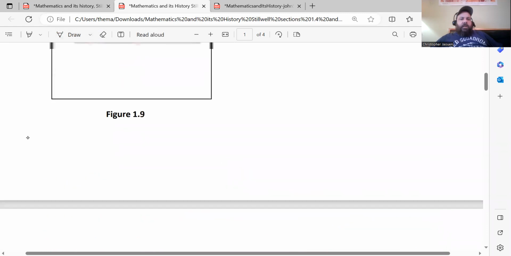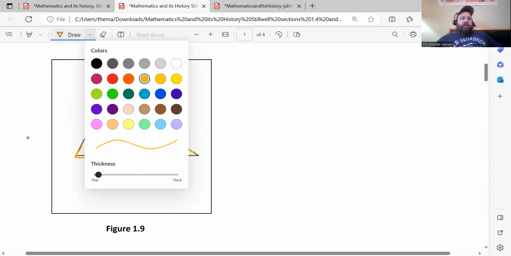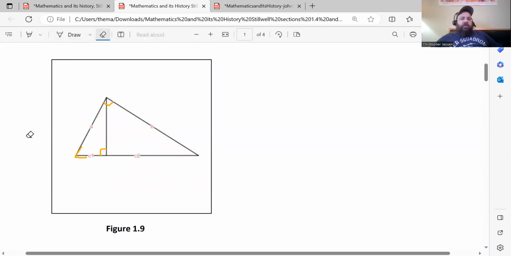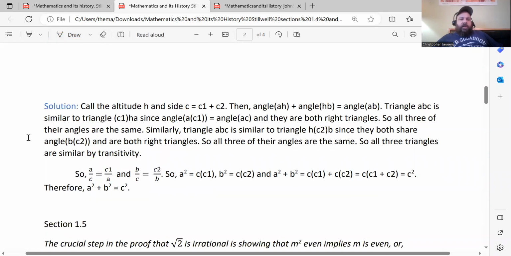So in other words, if you notice over here, sorry, I have to keep going back and forth, this angle is shared by both this triangle and this triangle, right? And these are both right-angled triangles. So two of their angles match, therefore the third angle also has to match, which means that they're similar triangles. All three of their angles are the same.